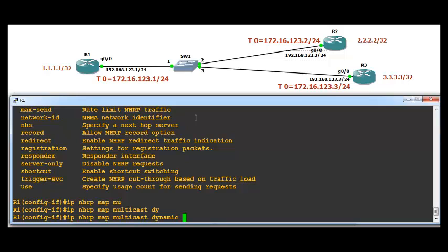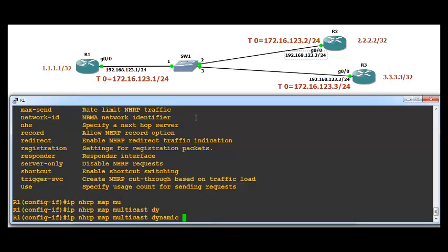This command will automatically add the routers to the NHRP mapping table. This command will dynamically learn, or let me put it in simple terms, this command will register when R2 and R3 come to register with R1. When R2 and R3 come to register with R1, R1 will say you're welcome, and it will take that information and put it into the NHRP mapping table.